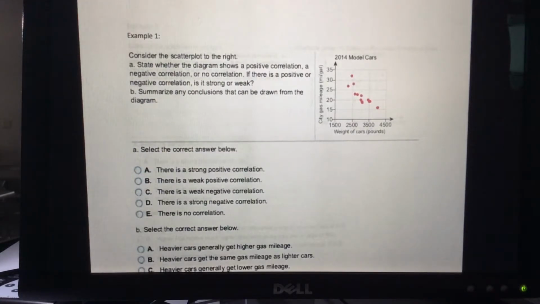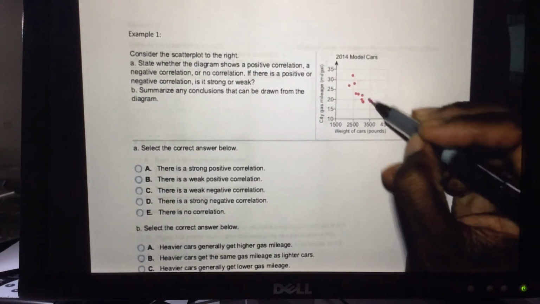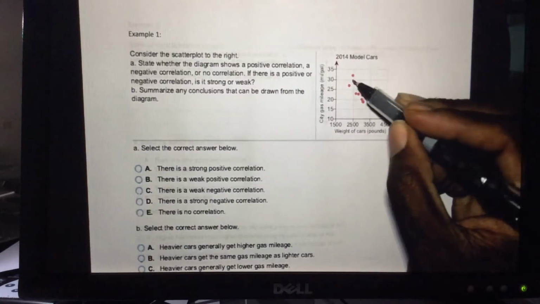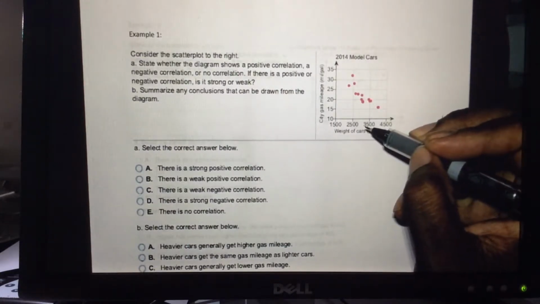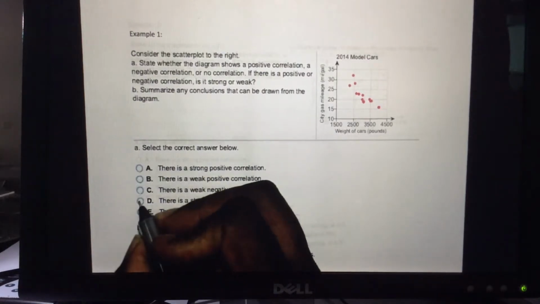And since it's going in the downward direction, this will have to be a strong negative correlation.